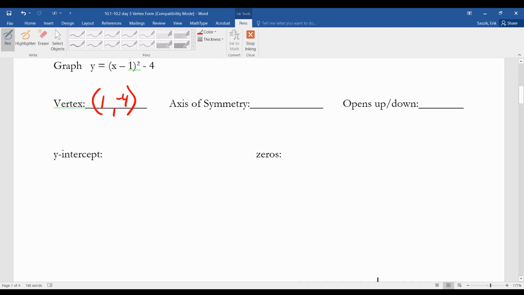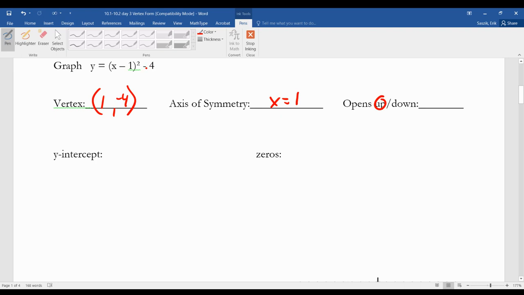And that would be negative 4. Okay? Because whatever makes this come out to 0 is the x, and this number hanging off the back is the y. The axis of symmetry is always going to match the x value of the vertex, and this is going to open up because it's an invisible positive 1 in the front. So this top row of stuff when you're in vertex form, easy peasy.